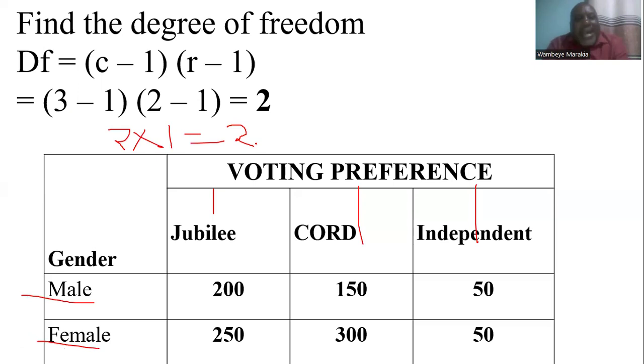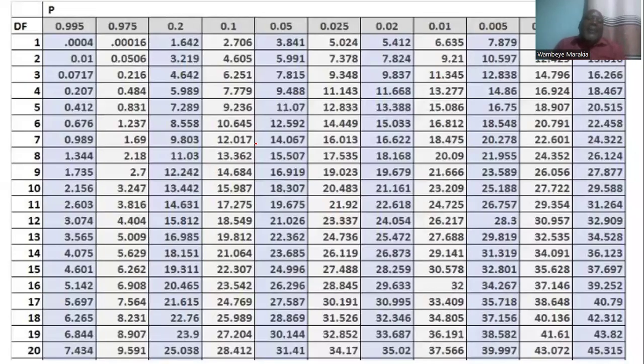Now we move on to get the value from the tables. Now this is our table. When you see the table, it has a P up here, and this P represents the level of significance.